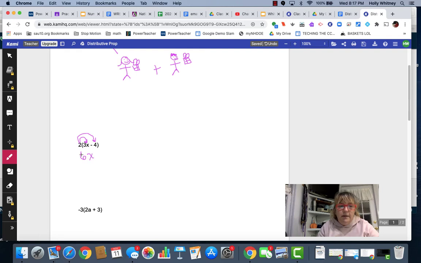Now here's where the thing gets a little bit weird. Remember what I was telling you just a little bit ago, where you had to take the negative sign or the operation and apply it to the term to the right? So this is really a negative 4. If we added the opposite, we'd end up with 3x plus a negative 4. So that operation goes with the 4.